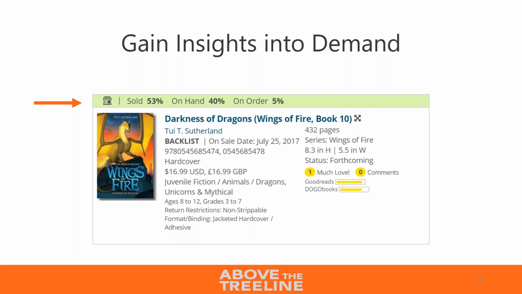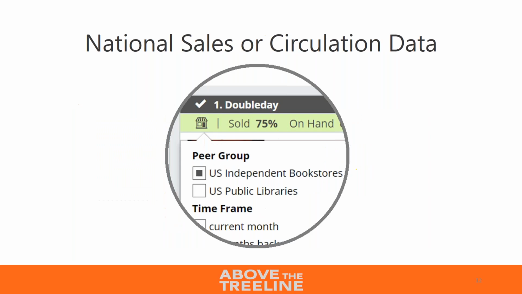So we're pulling together this data, and we're saying, for example, in this title, that 53% of bookstores have sold this book, and that 40% of them have it, 5% of them have it on order. So it gives you a good idea of the breadth, not the actual numbers that they've sold, which probably wouldn't be all that meaningful anyway, but it gives you a sense of how widely spread sales are. And also you can see that there's a time frame associated with that. I'll show you that in the next slide.